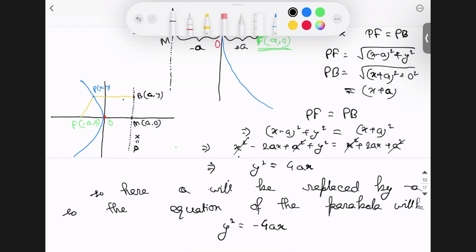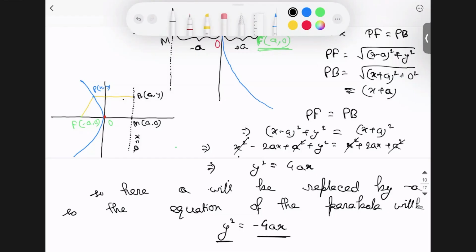Now another thing is important. In both cases we have considered, y square equals plus or minus 4ax.